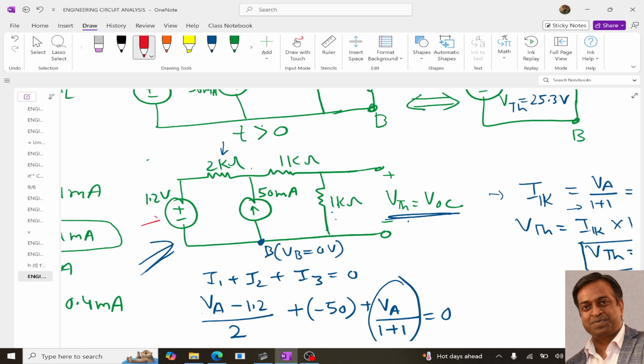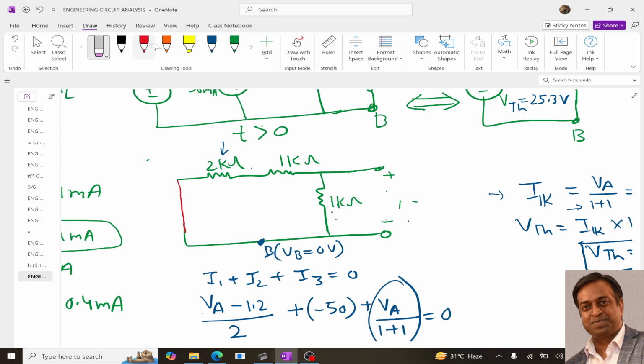So we will replace this voltage source with a short circuit, and we will replace this current source with an open circuit. So if I do that, this will be removed, right? And over here, this voltage source will be replaced with the short circuit. So my circuit will look something like this, right?